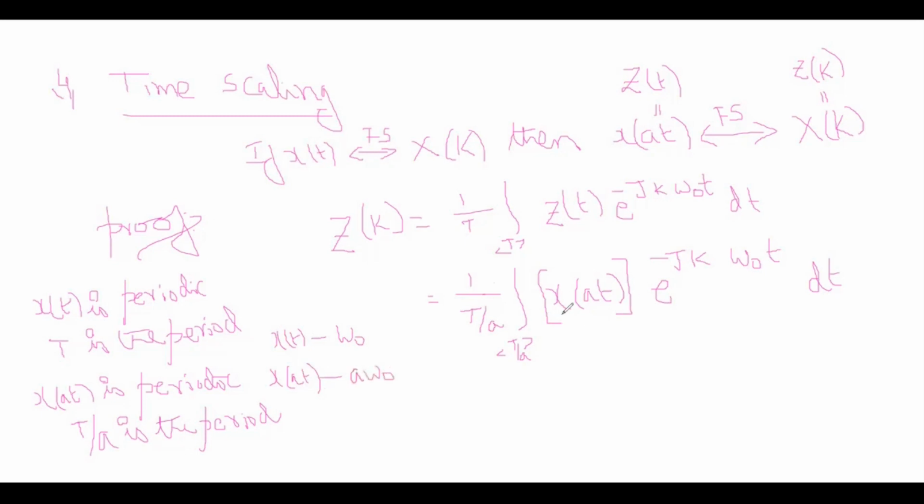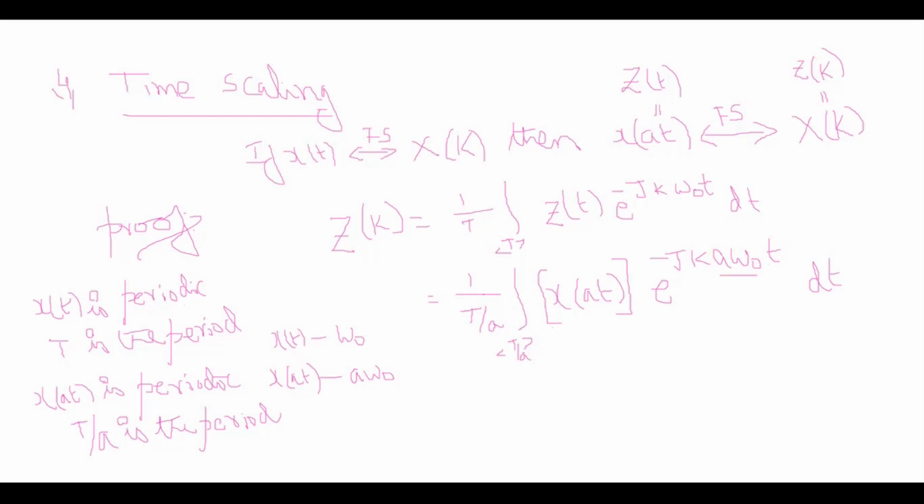So when I replace this with x of at, the time period changes to T by a, and the frequency increases. There is an inverse relation between time and frequency. If time decreases, the frequency increases.